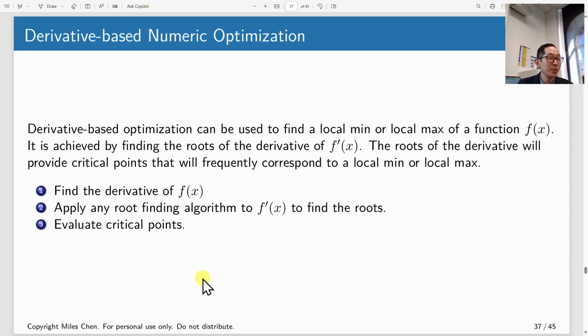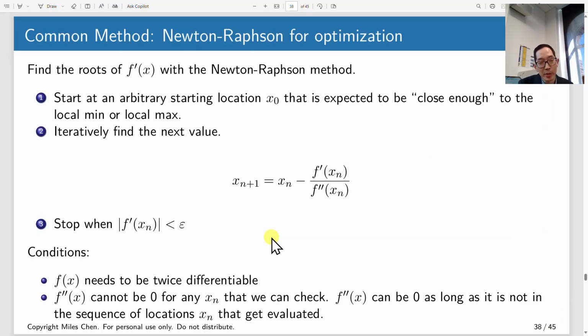Some of those are going to be local mins, some will be local maximums, and some might be saddle points, okay? But that will work as a way of performing numeric optimization. So again, if you can find the derivative analytically, that's going to be the best way to go, right? But if you can't, we have a way to approximate them.